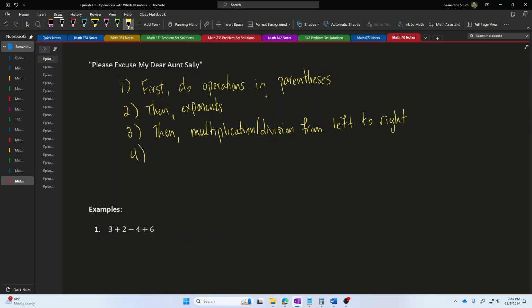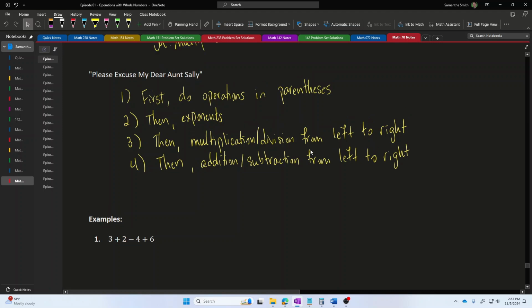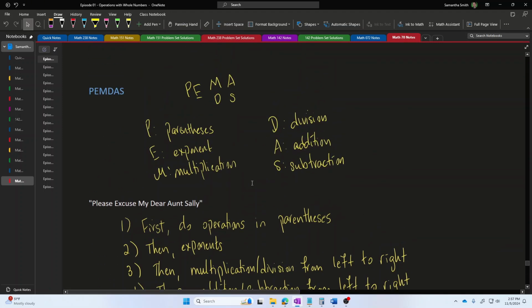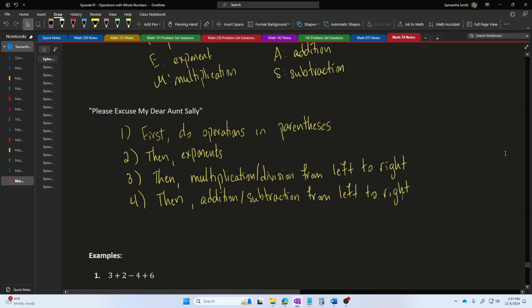Finally, do all of the addition and subtraction, again moving from left to right. PEMDAS: parentheses first, then exponents, then multiplication and division, then addition and subtraction. This is the order in which we do operations if there's more than one operation in your problem.